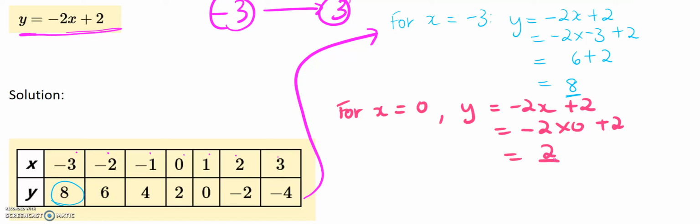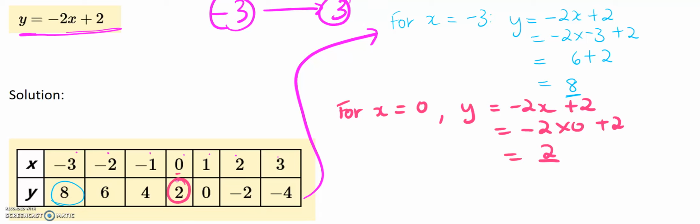And if you look, for x equals 0, we've got y equals 2. And likewise, that's what you would do to find these y values for all of these x values. Once you've got your table of values, then you plot them.